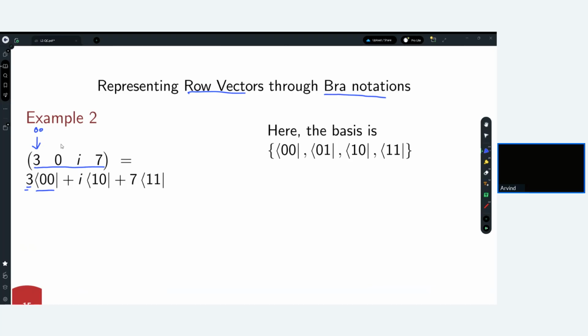The i is present at the 01 position and 7 is present at the 11 position. So make the i the coefficient of bra 10 and 7 the coefficient of bra 11. Here we are using four different states, so the basis used here is 00, 01, 10 and 11.